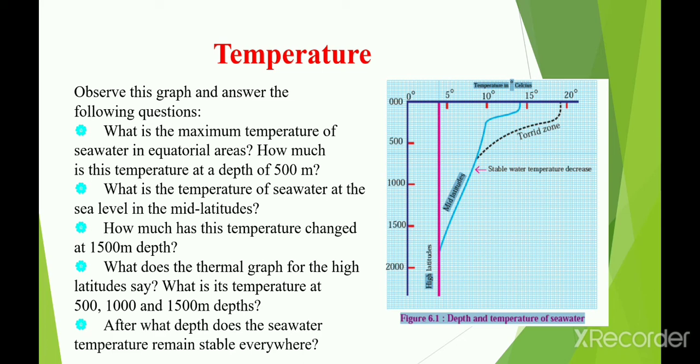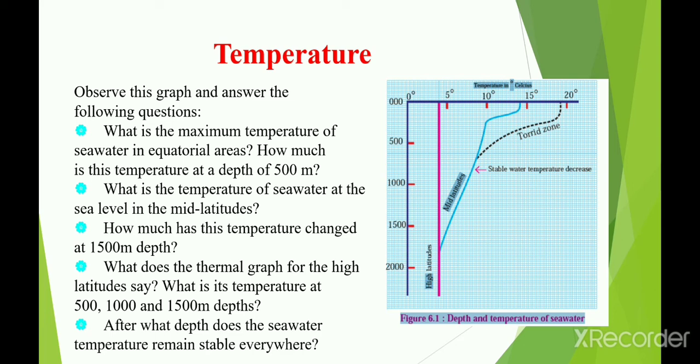See, what does the thermal graph for high latitude say? What is the temperature at 500, 1000 meter and 1500 meter depth? From the graph of temperature of seawater, it is seen that the impact of depth on the temperature of seawater in the high latitude is nil.